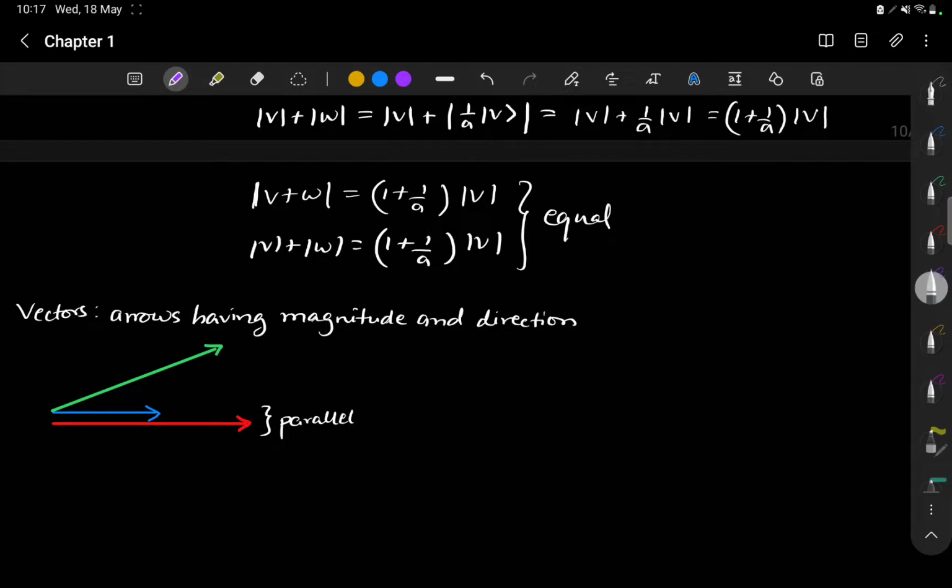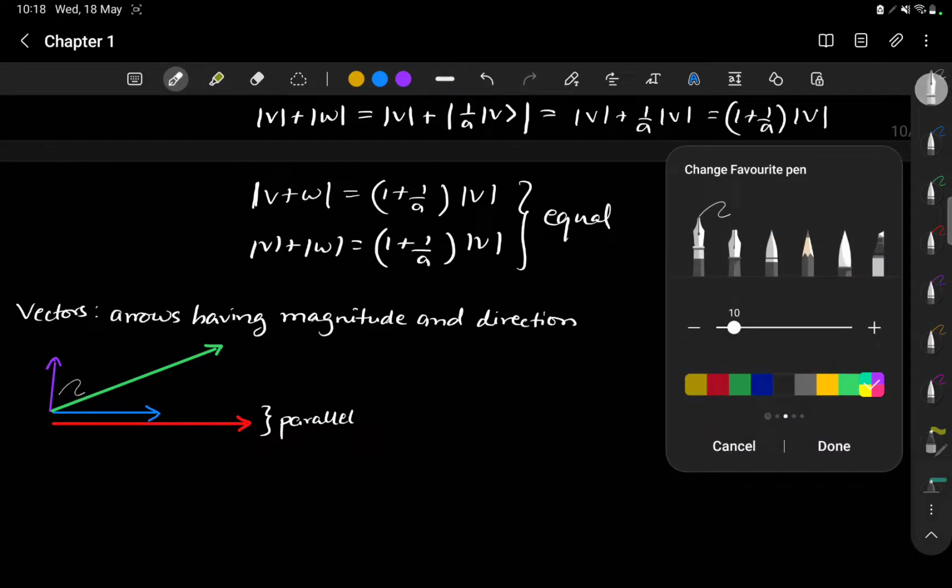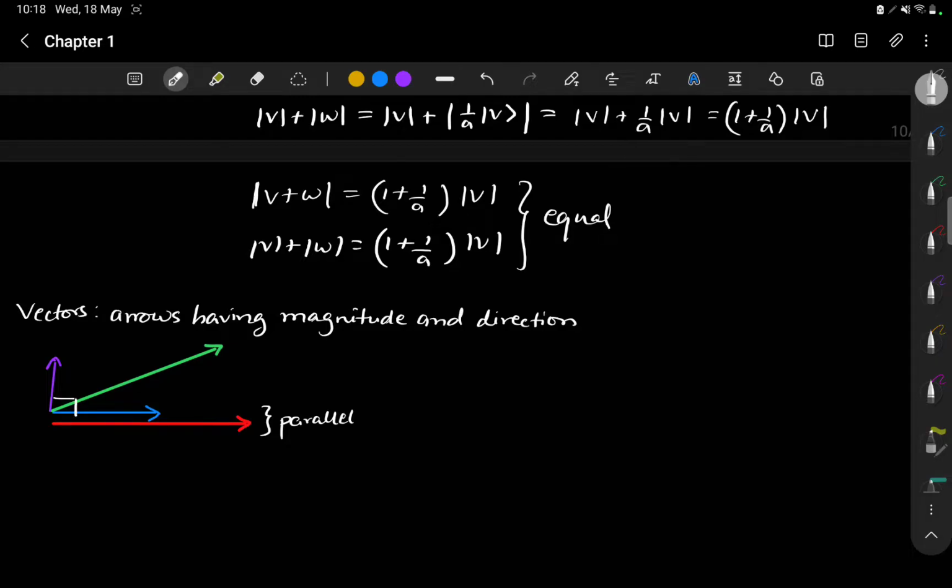We can draw another vector which is orthogonal. So this purple vector is orthogonal to the blue and the red vectors. This is making 90 degrees. So here we have drawn a few vectors, each having different magnitude and certain direction.